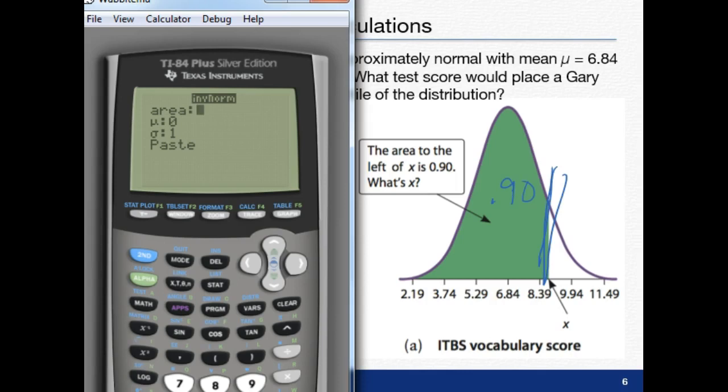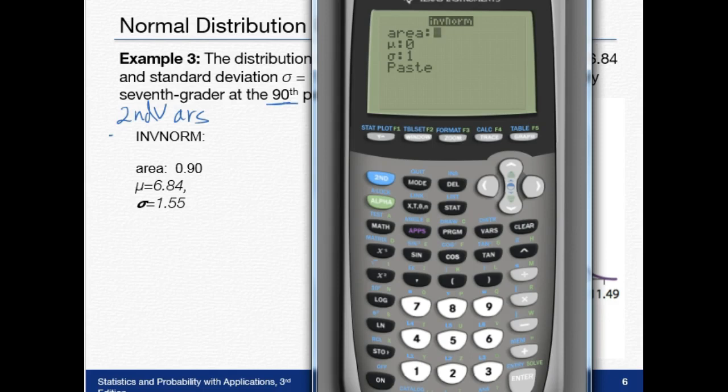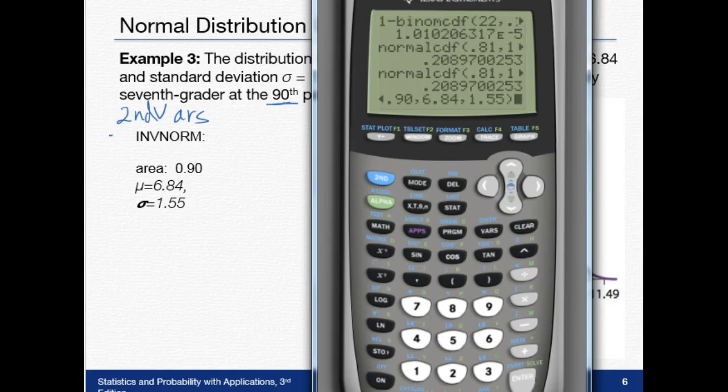So I'm going to put in my area, 0.9. Make sure you don't put in 90 because you'll get an error. But I'm going to put in the area 0.90. The mean of the problem, 6.84, and the standard deviation is 1.55. All right, and it's going to tell us what score marks off that percentile, or 8.83, I suppose.